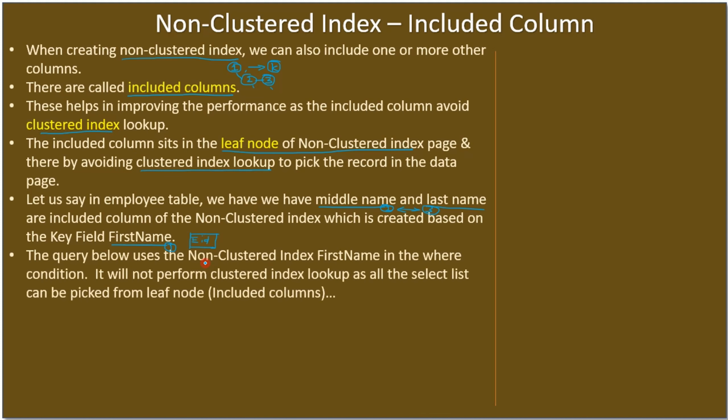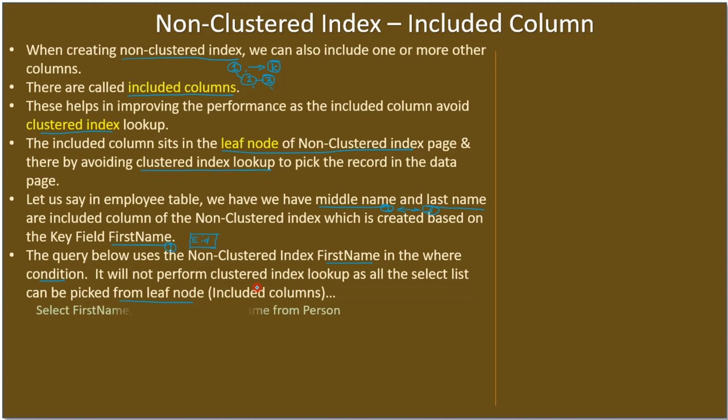The query below uses the non-clustered index first name in the where condition. It will not perform a clustered index lookup, as all the select list can be picked from the leaf node. Here we are talking about, right, the included column sits in the leaf node.